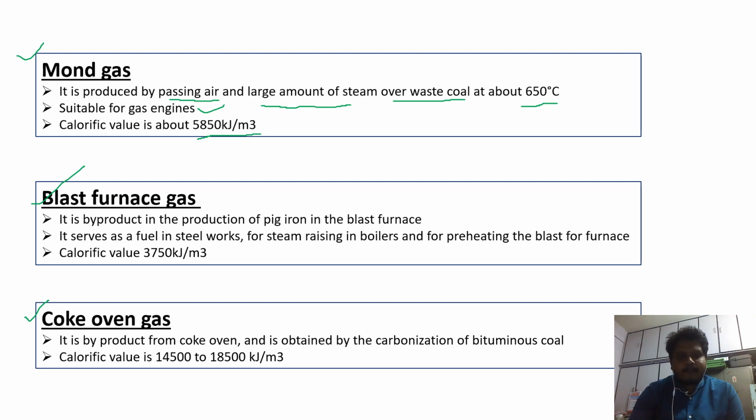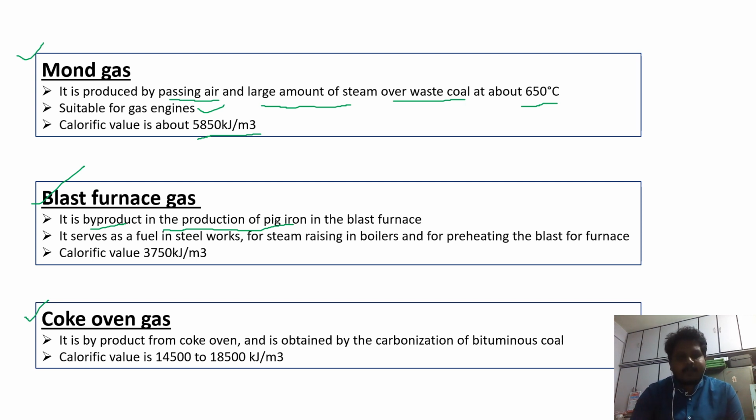Now blast furnace gas. Actually, it is a byproduct in the production of pig iron. While making pig iron, blast furnace gas will come out along with the pig iron in the blast furnace.